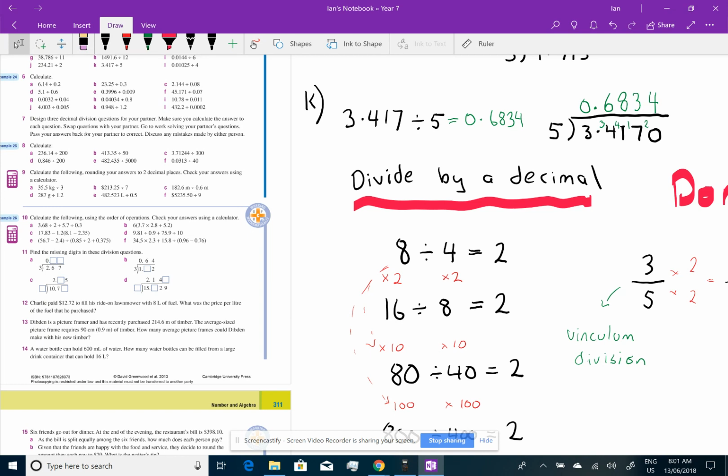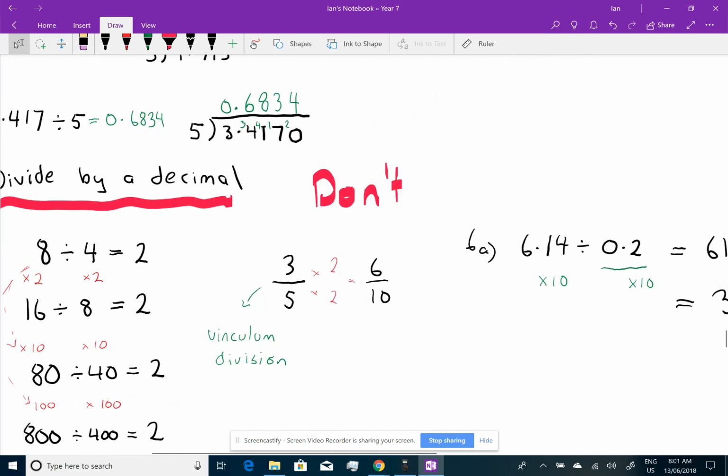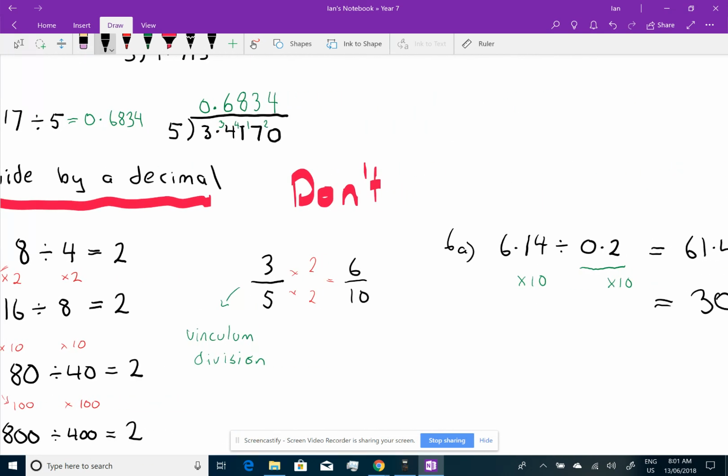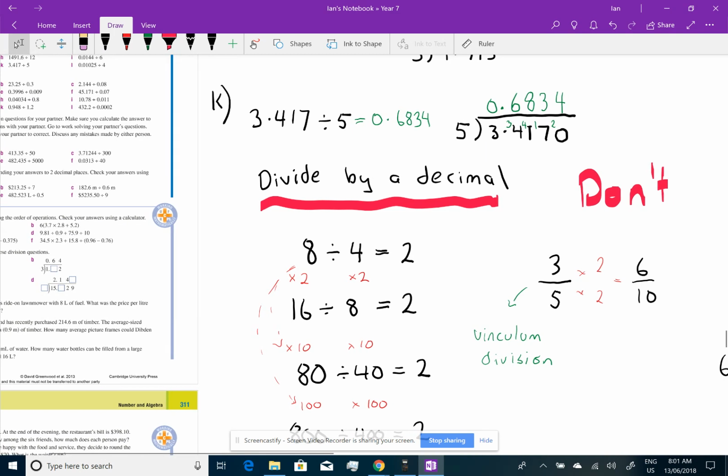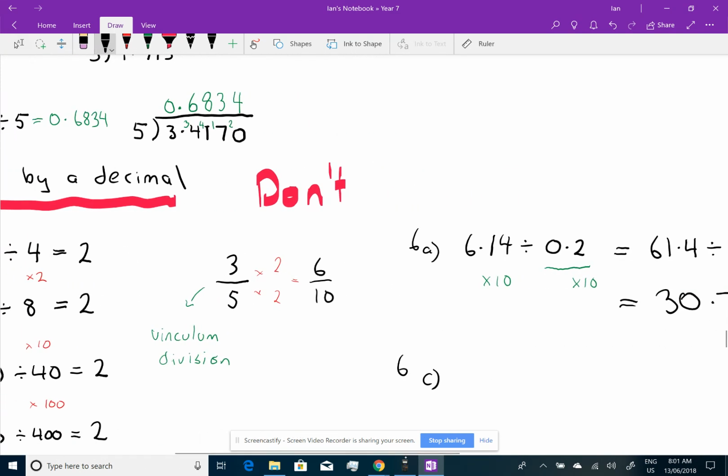Let's do 6c. So if I do 6c, let's have a look at it. 2.114 divided by 0.08. Let's just check we've got it right. It's not 2.114, it's 2.144. Now remember, we're looking at what we're dividing by when we're deciding what to multiply by.